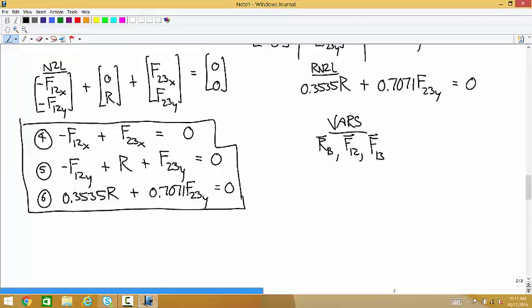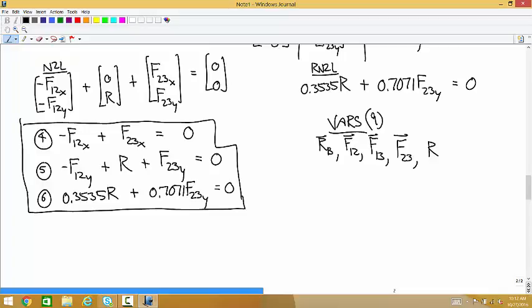Did we add any new variables? 2, 3, and the R, yep. So now the variables we have are 2, 4, 6, 8. This is just a scalar, so 9 variables. We can't do anything until we have as many equations as variables.